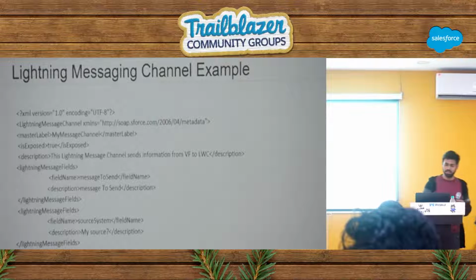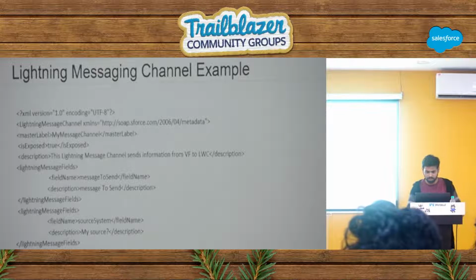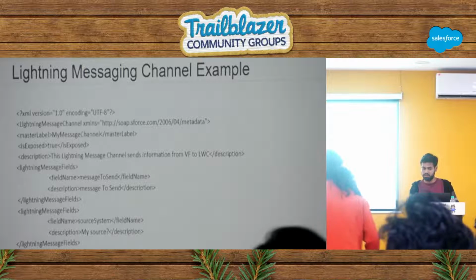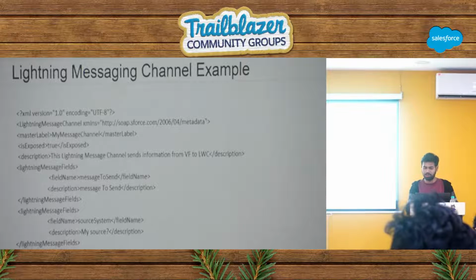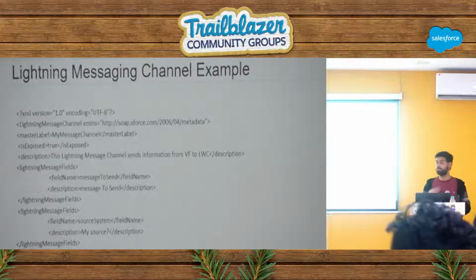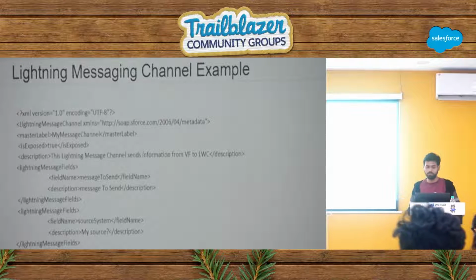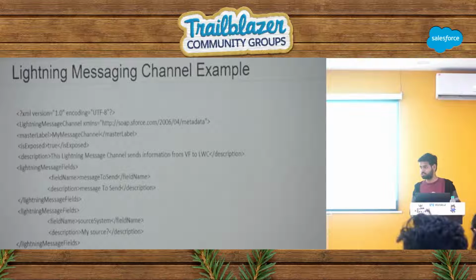In the demo, I have created two lightning message fields: one is the account ID and the other is additional info. I want to pass the account ID which the user has selected from the list, and additionally I want to pass an additional information message that the user wants to pass through the Lightning Message Channel.